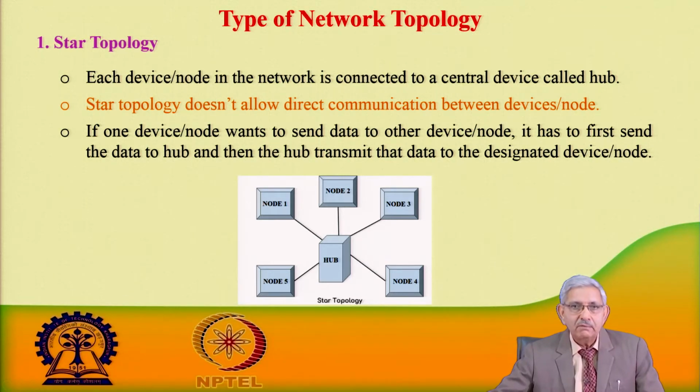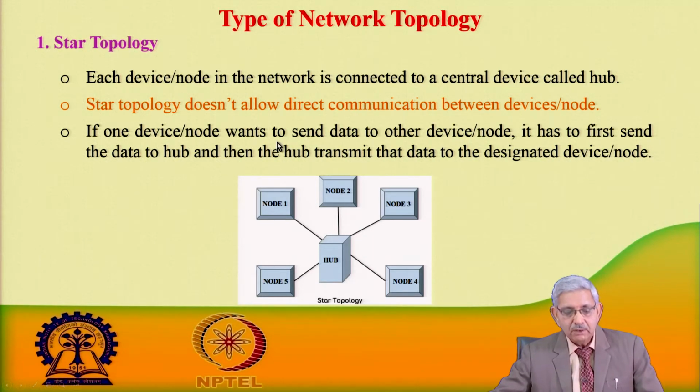Information comes to the hub, and then the hub passes it on to node 2. So, if one device or node wants to send data to another device or node, it has to first send the data to the hub, and then the hub will transfer the data to the designated node or device.